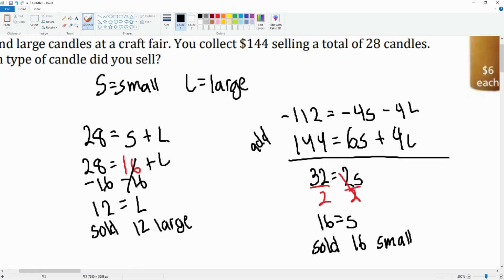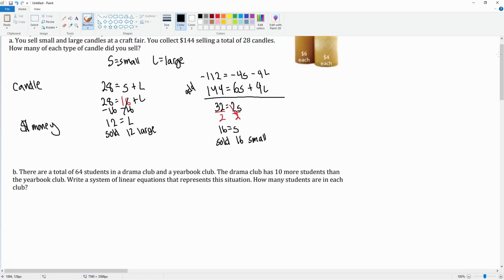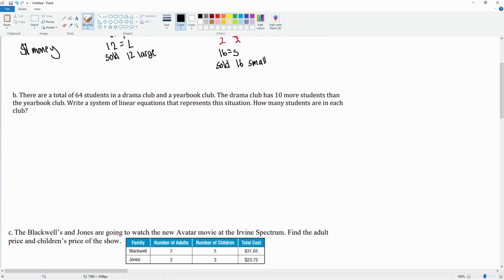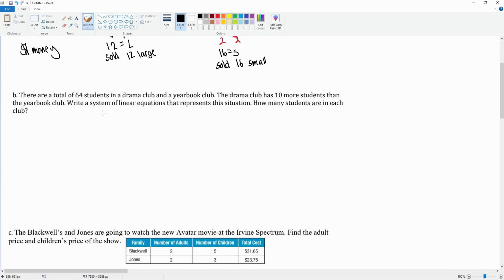All right, and there you go. Let's do the next one. There is a total of 64 students in a drama club and a yearbook club, so let's define some variables. The letter D is going to be for the drama club, and Y is going to be for the yearbook club.